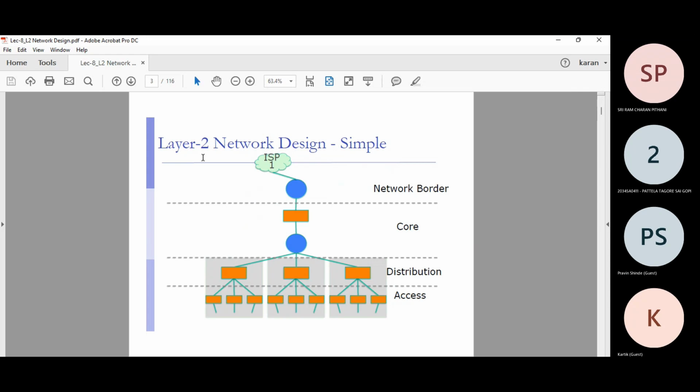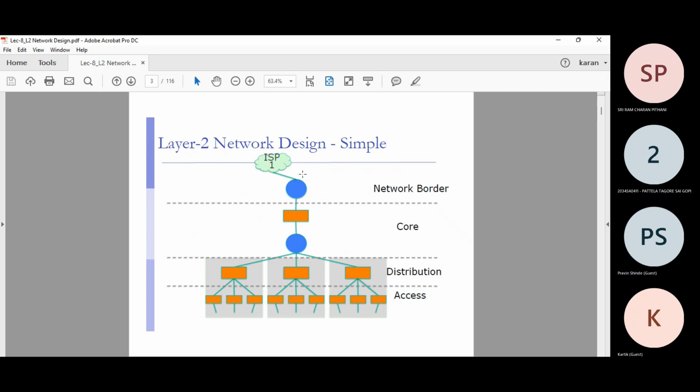See, ISP one means ISP Airtel, ISP Jio, ISP Tata. This blue circle is a router, the bandwidth router. Then a manageable switch, a manageable L3 switch, that is called the core switch.